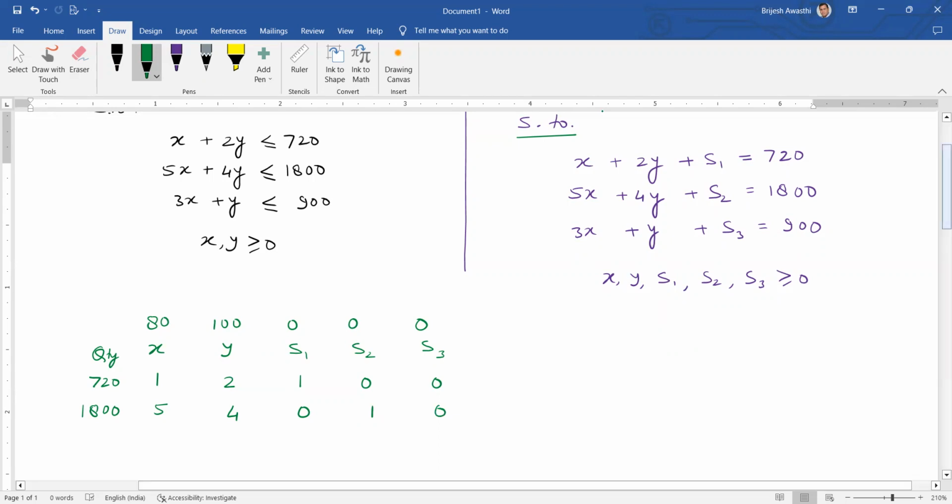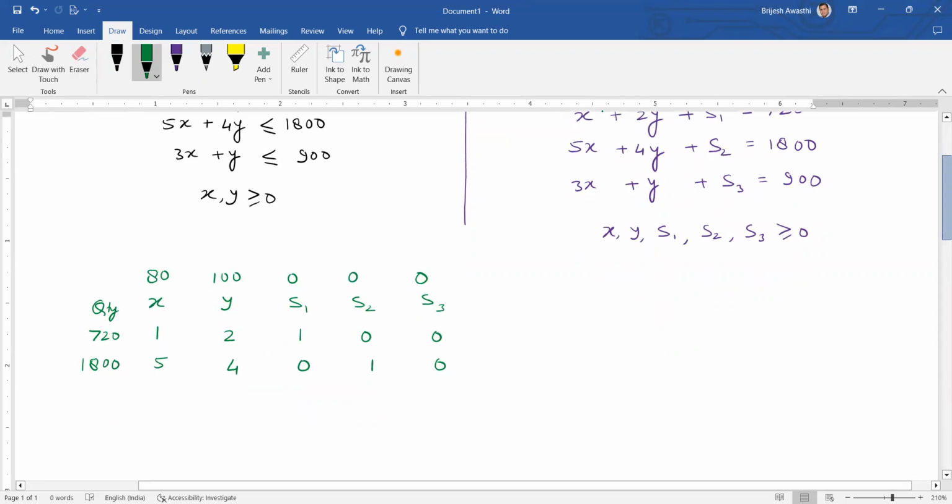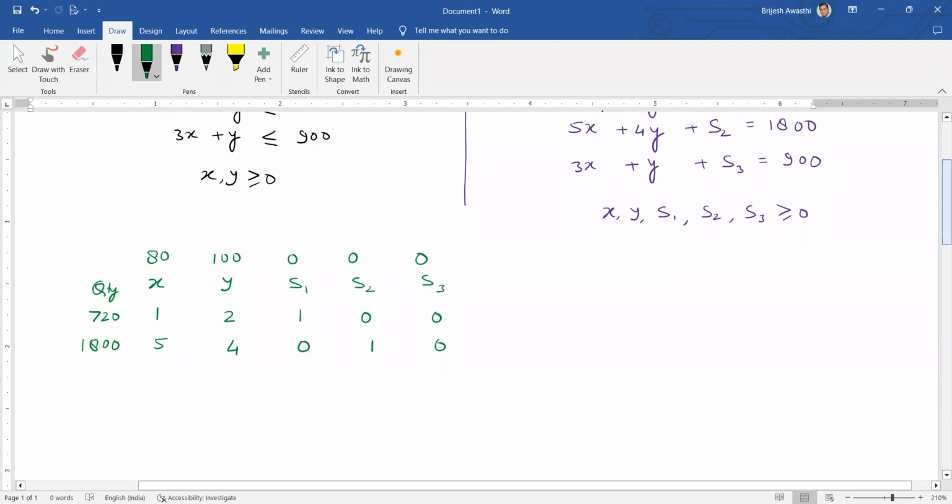And the third equation is 900, with 3, 1, 0, 0, 1.